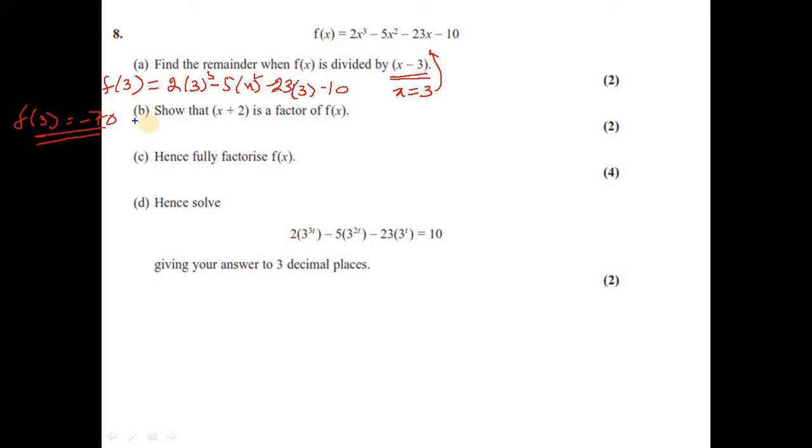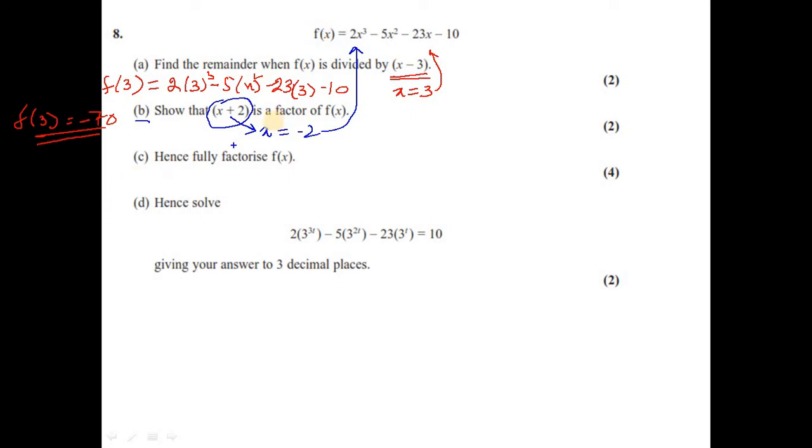Part B, show that x plus 2 is a factor of f of x. So if some expression is a factor of some polynomial, that means if you put x equal to minus 2 in the given polynomial, and at the end you get 0, that means the given expression is a factor of the given polynomial.